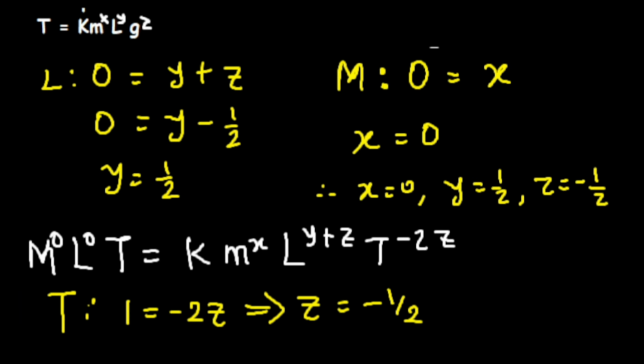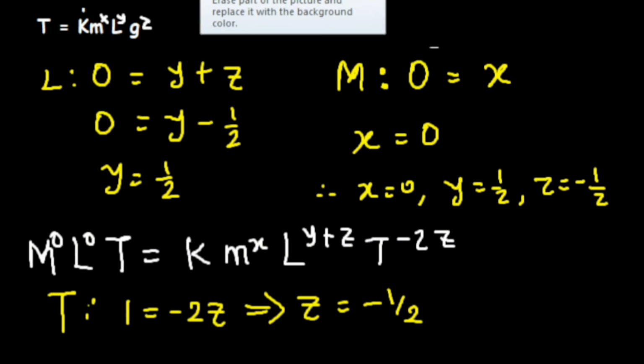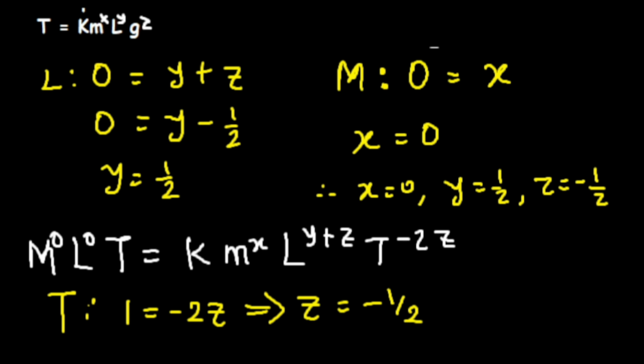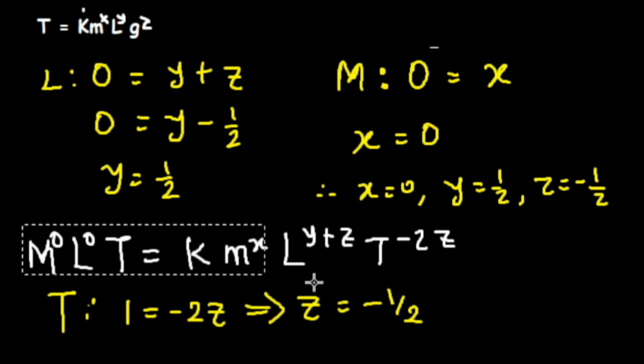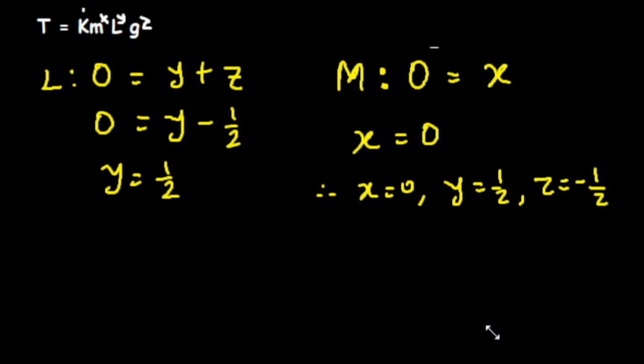Now that we have been able to get x, y, z, we want to derive an expression relating T, m, l, and g, just like part b of the question. So let's take this out. How do we do that?